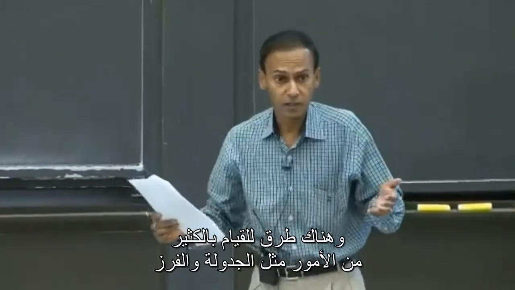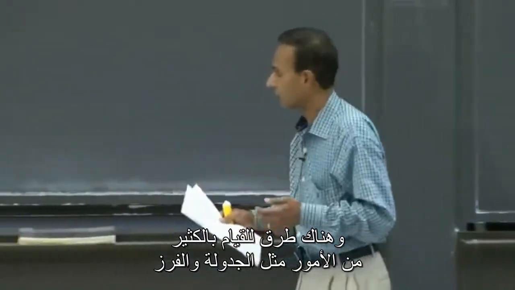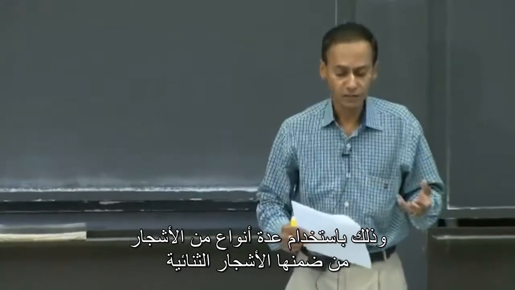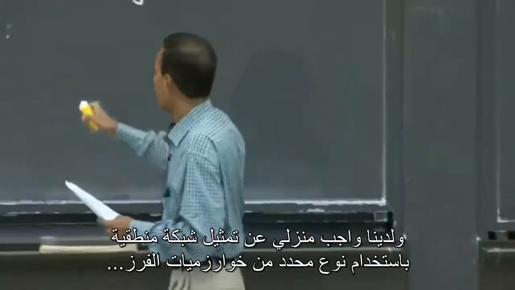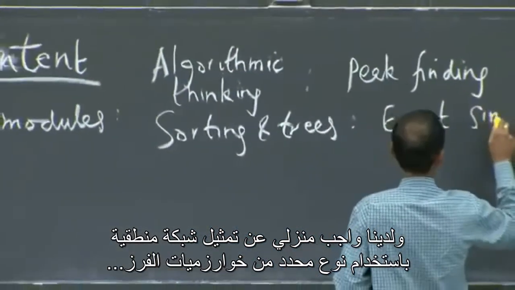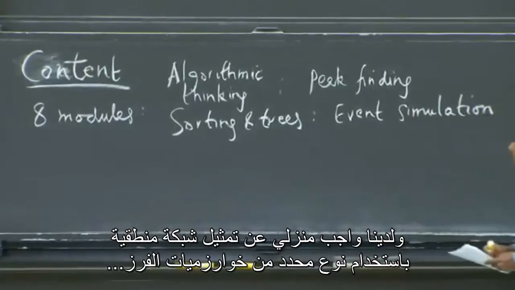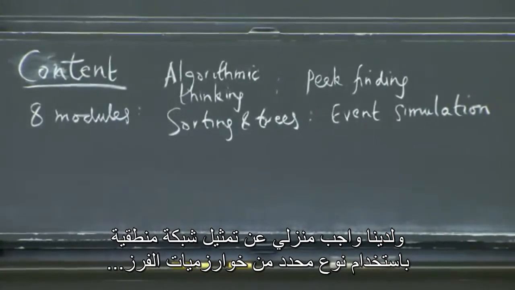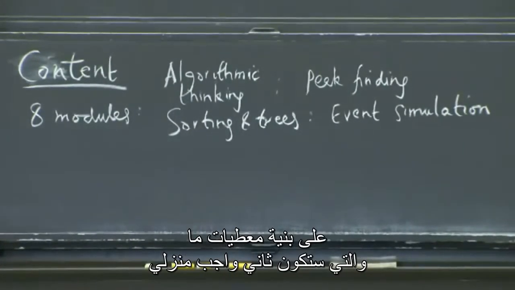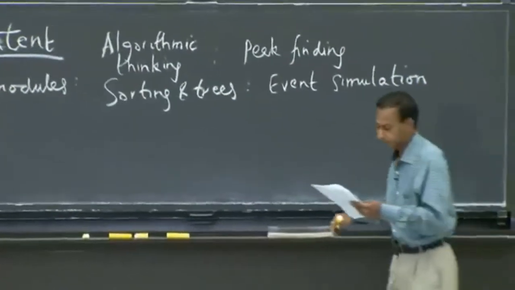And there's ways of doing all sorts of things like scheduling and sorting using various kinds of trees, including binary trees. And we have a problem set on simulating a logic network using a particular kind of sorting algorithm and a data structure that is going to be our second problem set.